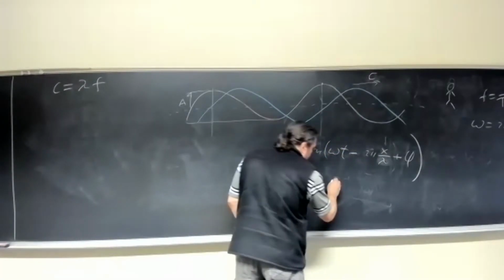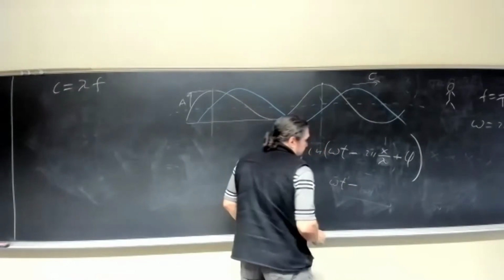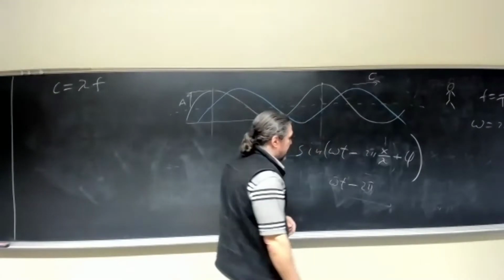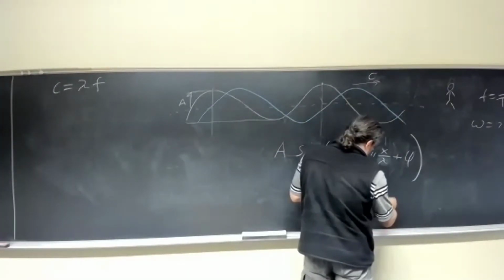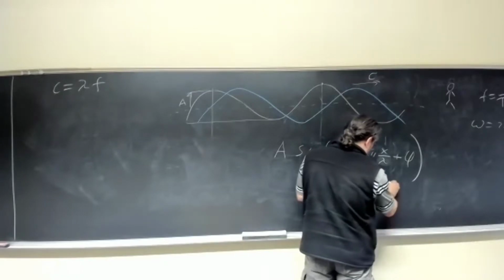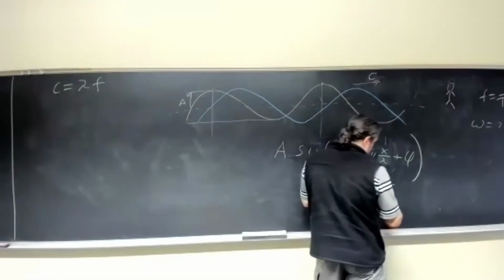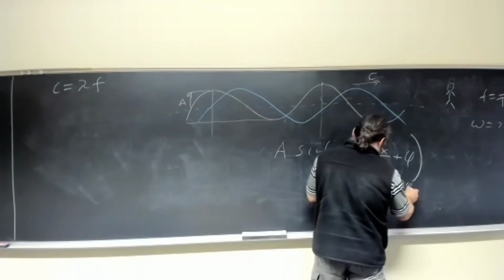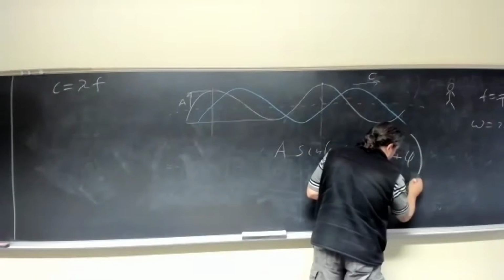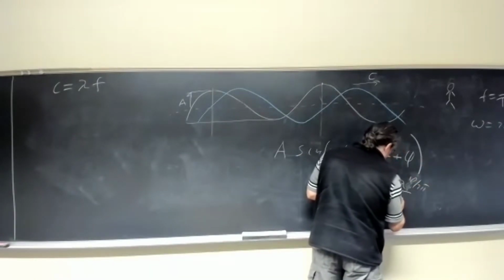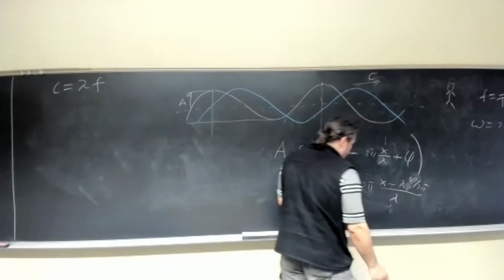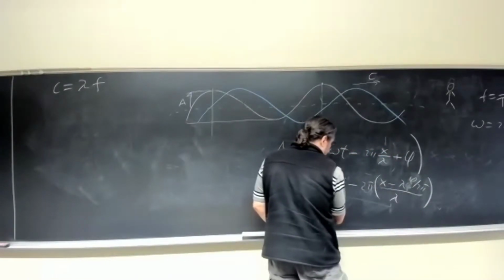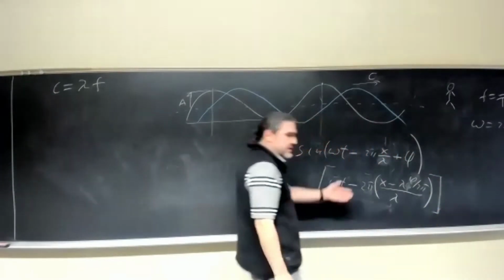I can write it omega t minus 2 pi, and then I have x minus lambda phi divided by 2 pi, and divided by lambda, right? So I can write the argument this way.